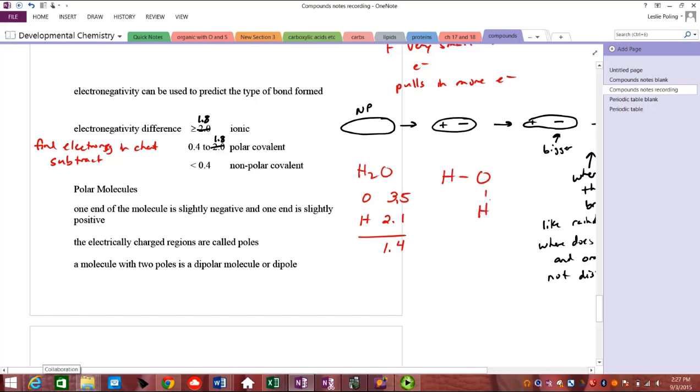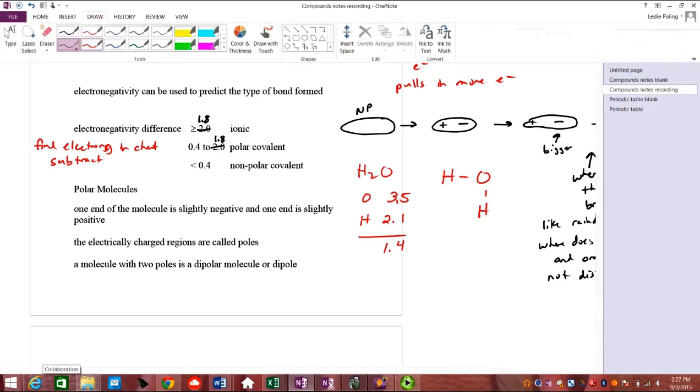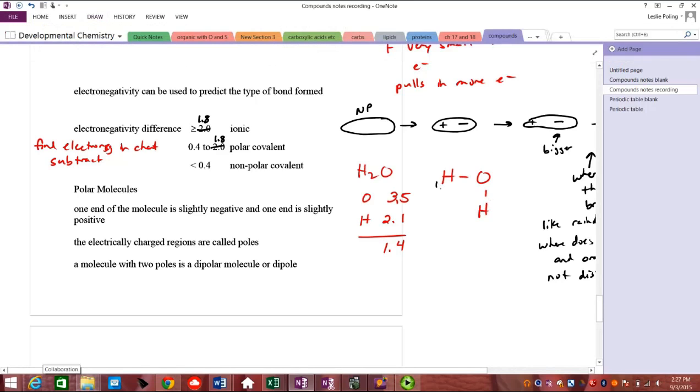Because we're not looking at the whole molecule, we're just looking at, is this bond polar or nonpolar or ionic? And this would be polar.